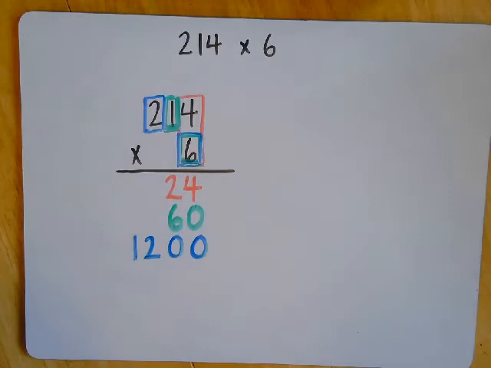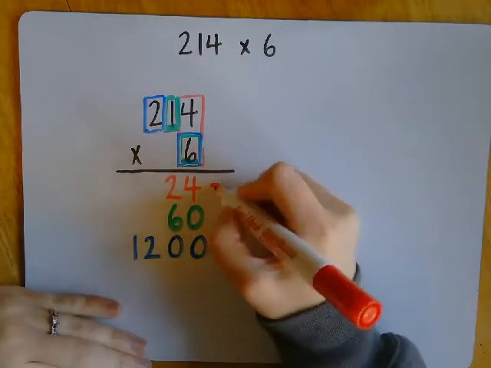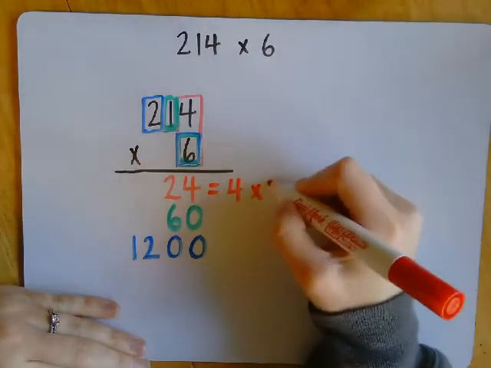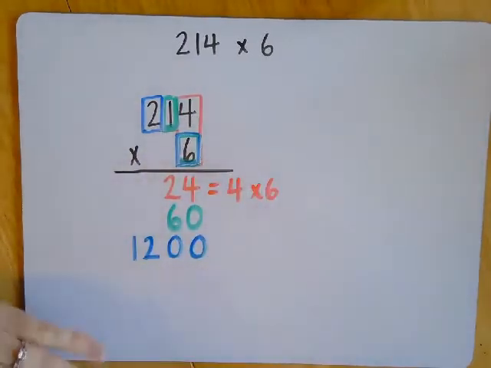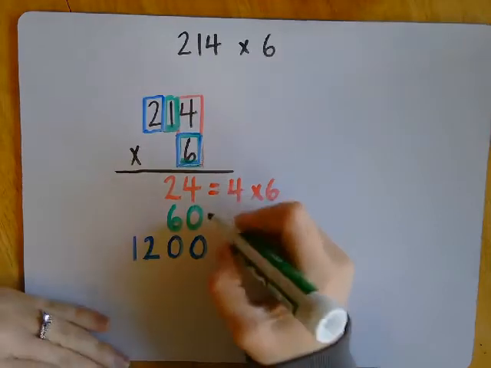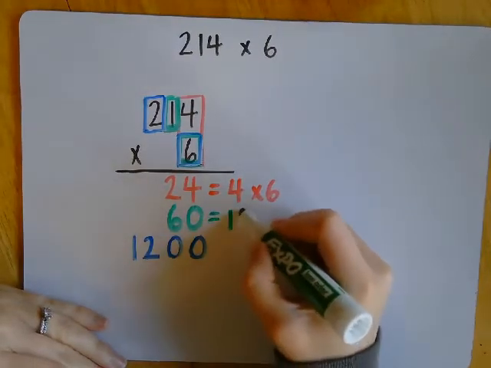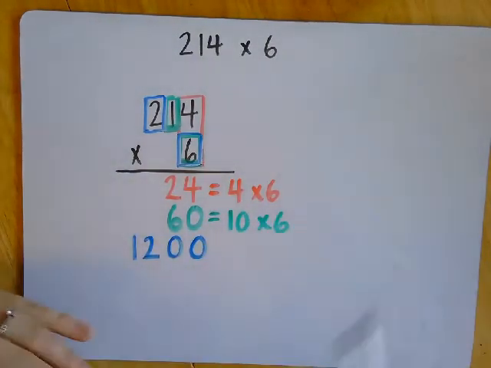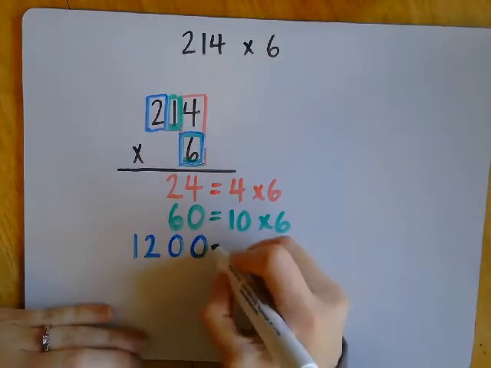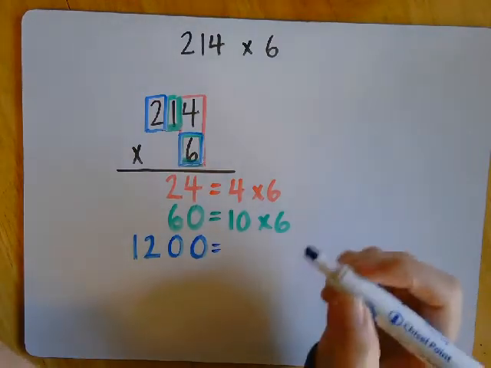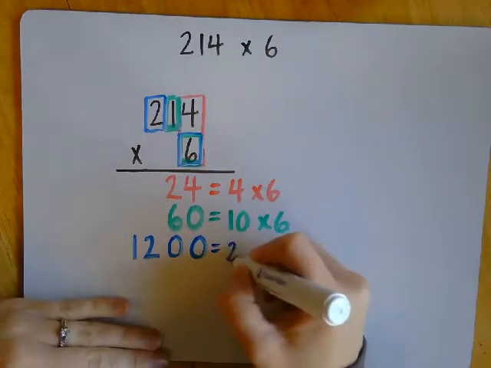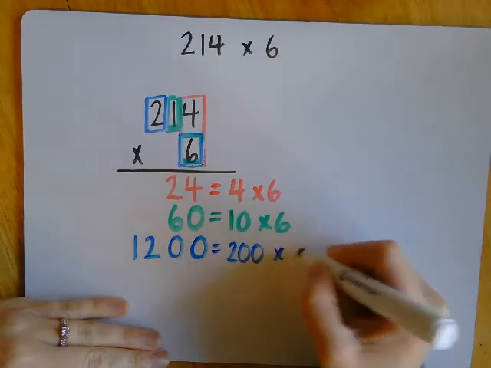And like I said, I'm going to go back and show you how this looks like the last video that I did. So I first started by multiplying 4 times 6. That was in the ones place. Next, I moved over to the tens place. So that became 10 times 6. And then last but not least, I moved over to the hundreds place and multiplied 200 times 6.